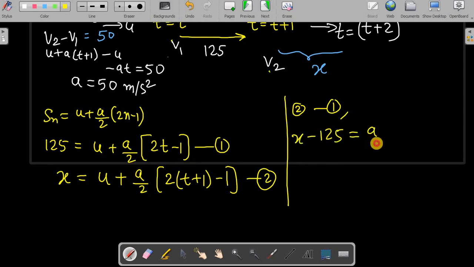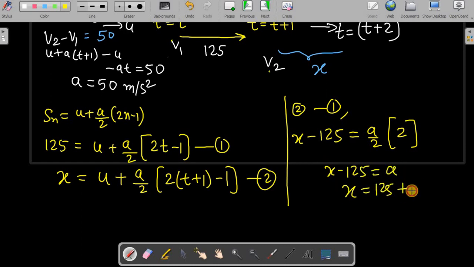The u factor will get cancelled, a by 2 taken common. 2t will get cancelled, 2t plus 1 minus 2t, so just 2 will come, right? That means x minus 125 is equal to just a. x will become 125 plus the a value, 50, so we get 175, right?